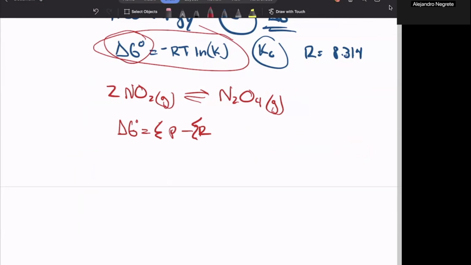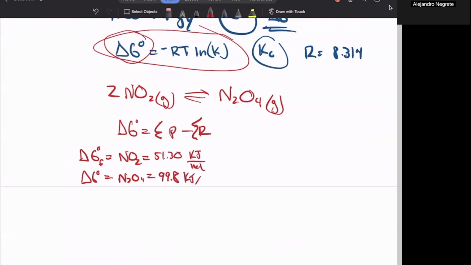Now, if I provide you with some information, let's say delta G of NO2 is equal to 51.30 kilojoules per mole, and delta G for N2O4 is equal to 99.8 kilojoules per mole.